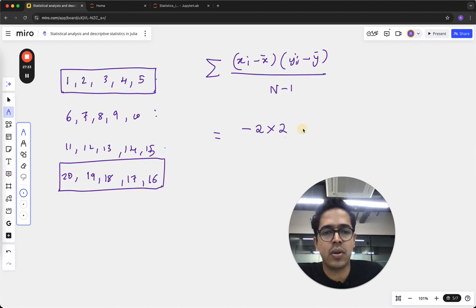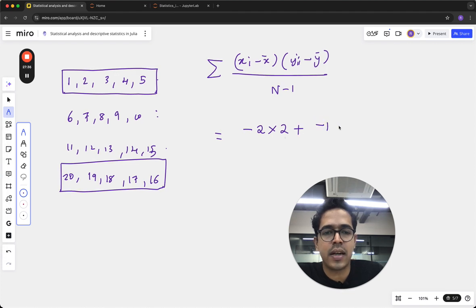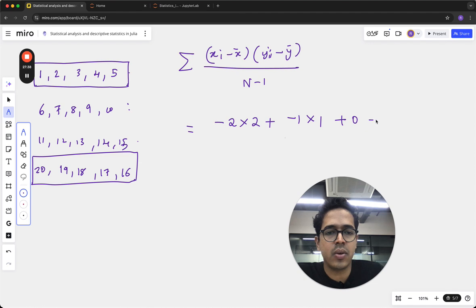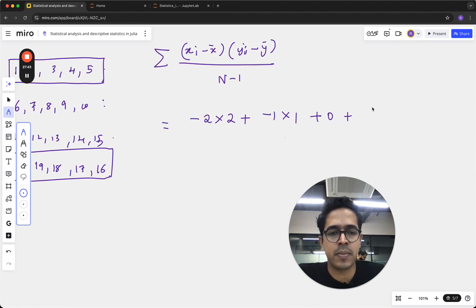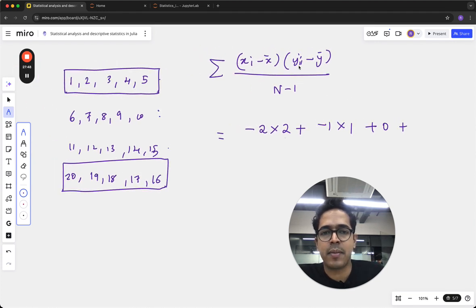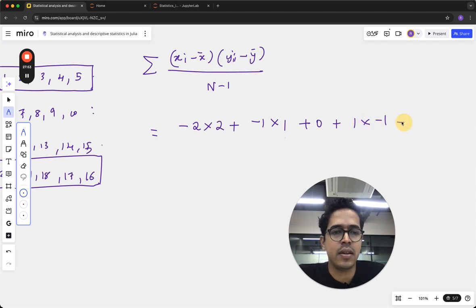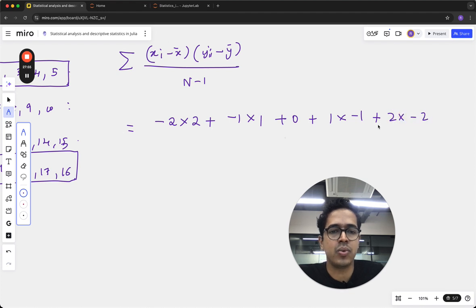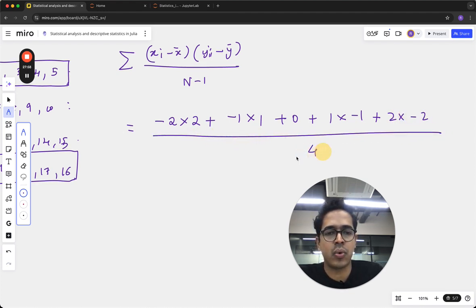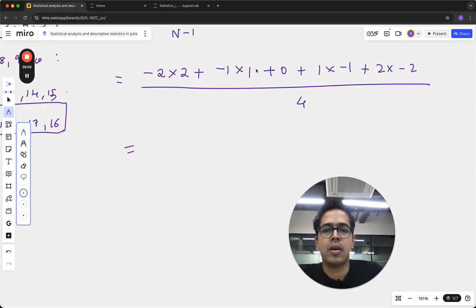So this is minus 4 plus minus 1 times 1 plus 0 plus, I am doing the calculation with respect to this formula, so please bear with me when I am moving fast. Then you have xi minus x bar is 1 for this, but y is minus 1, so it will be 1 times minus 1 plus 2 times minus 2, divided by n minus 1, which is 4. So this will be minus 4 minus 1 minus 1 minus 2 minus 4. So that will be minus 10 divided by 4 equal to minus 2.5.